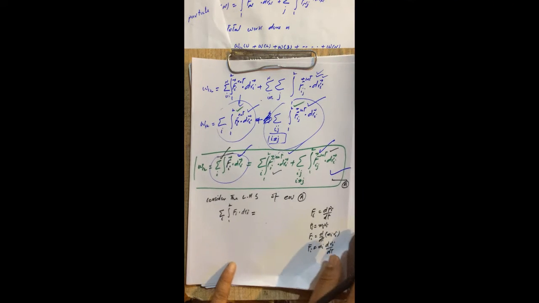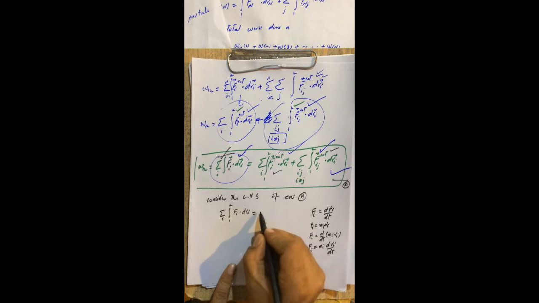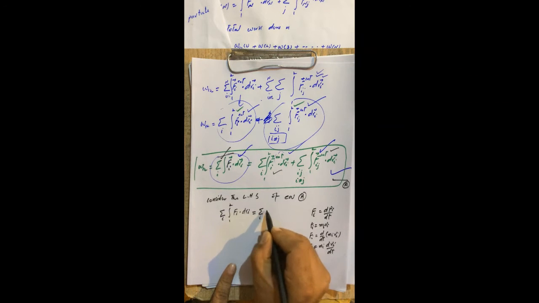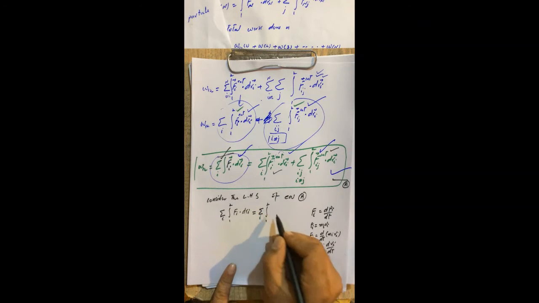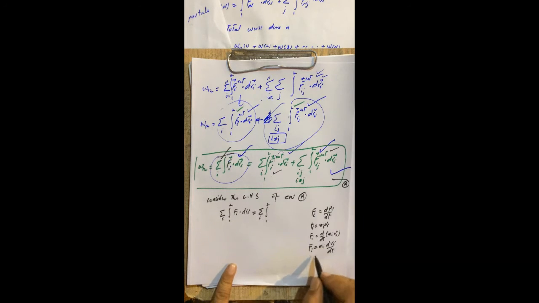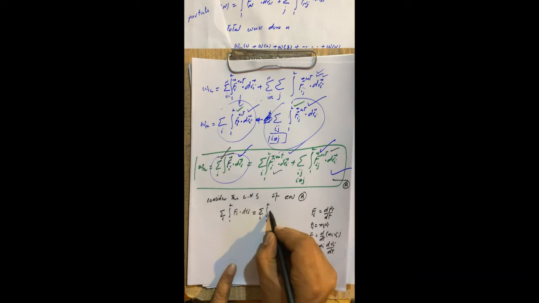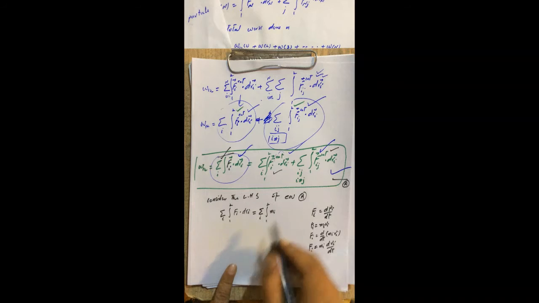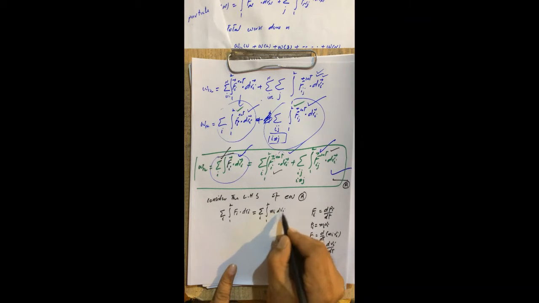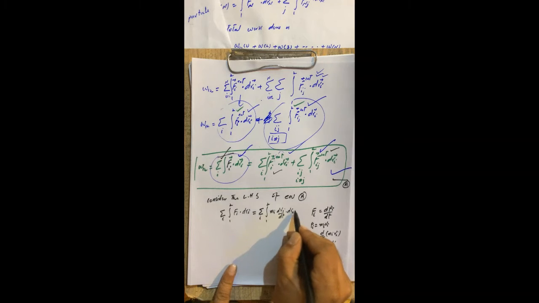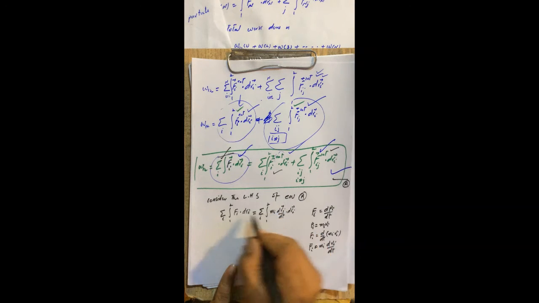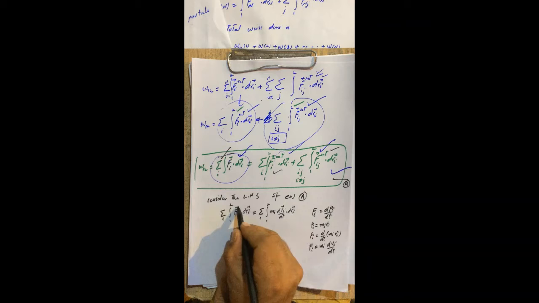So we have this one, which is sum over i, integral from 1 to 2. Instead of Fi I will put this one, which is mi, and then we have dvi over dt dot dri. These are all vectors, so we have to put the vector notations here.